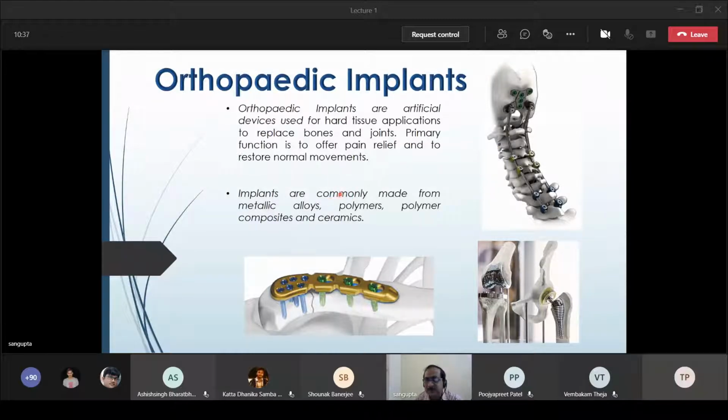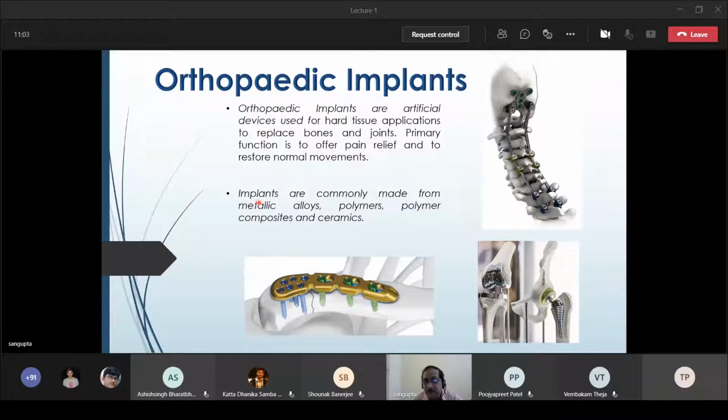In general, implants are commonly made historically from metallic alloys. Metallic alloys are still very much there. There are also polymers and polymer composites, and ceramics.